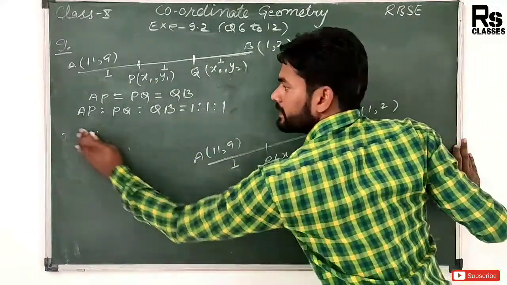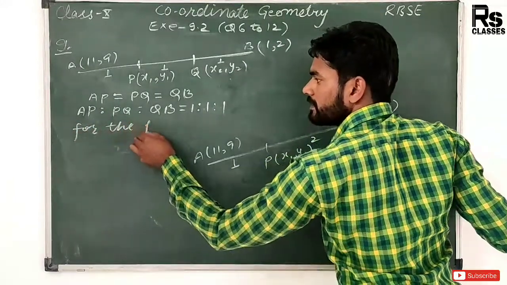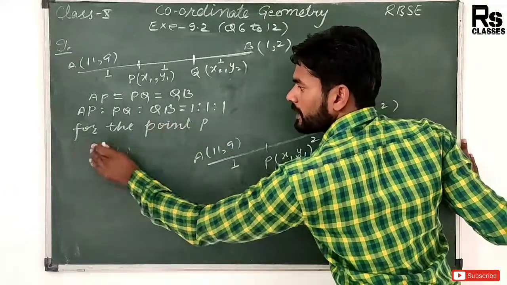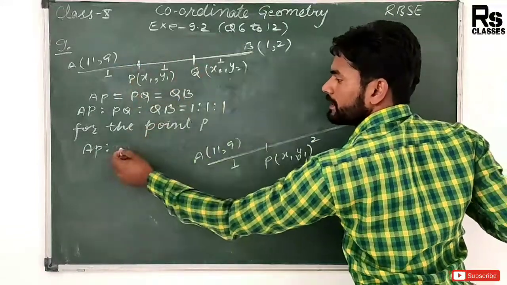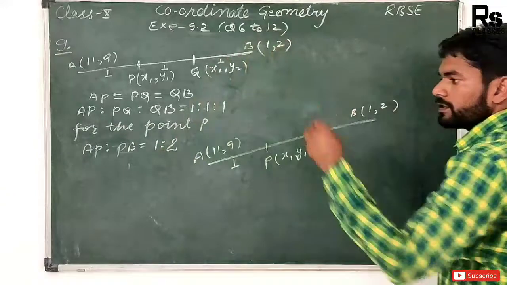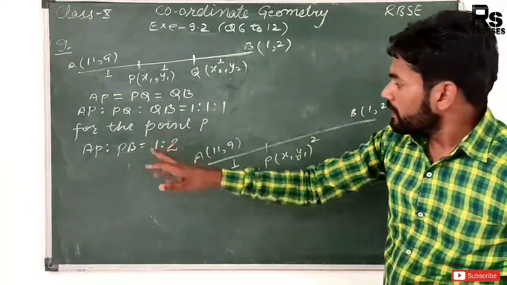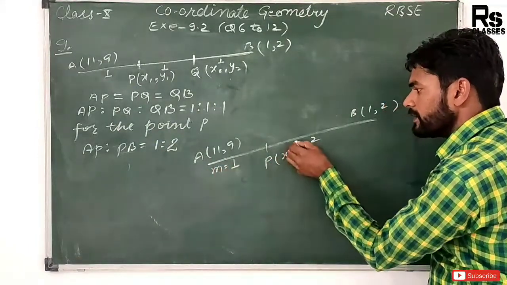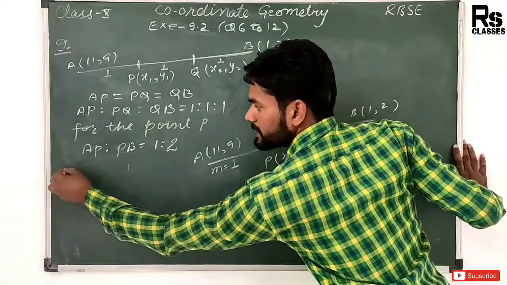So I am writing here for the point P, AP ratio PB is equal to 1 ratio 2. Okay, now for this point the value of m is 1 and the value of n is 2. Now apply the values in the section formula.